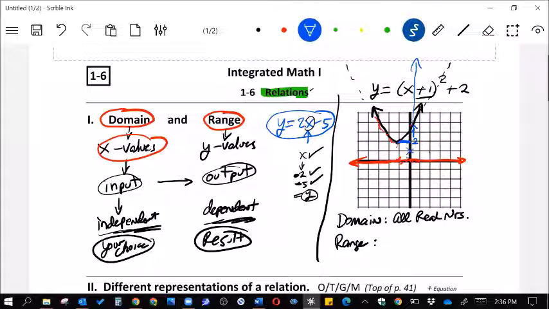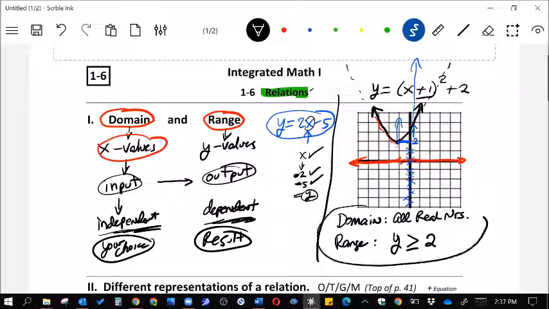We're not using 1, we're not using 0, we're not using -1, we're not using -1.5 or anything down here. It's almost as if it starts here and goes up and never goes below it, which is exactly what happens. So the range is all of the Y values that can be used, all these Y values that are greater than or equal to the number 2.